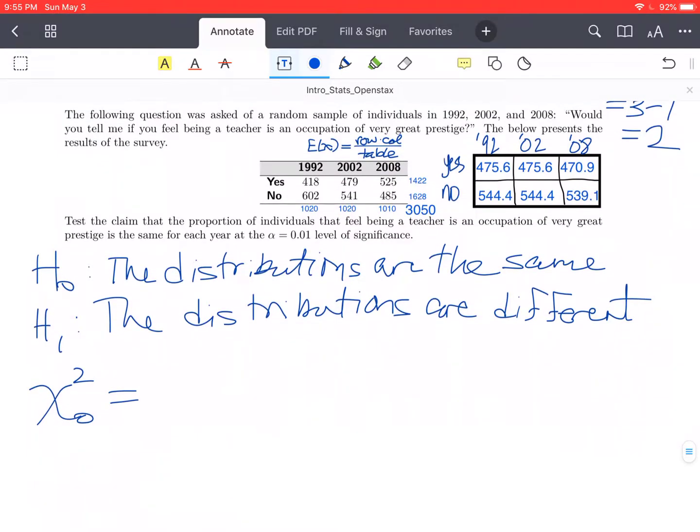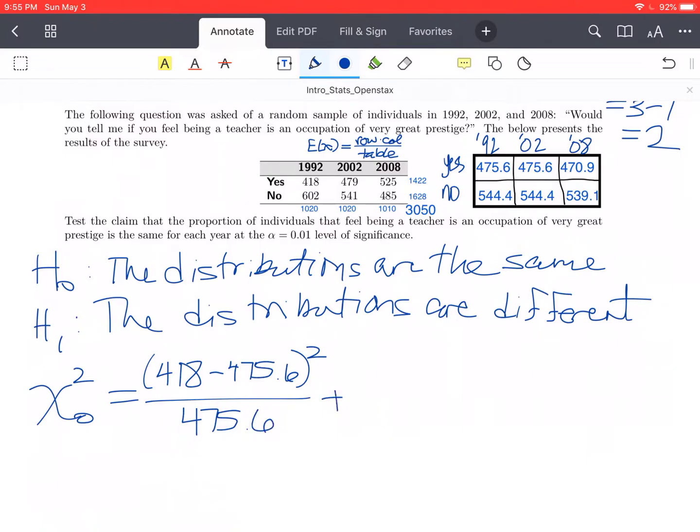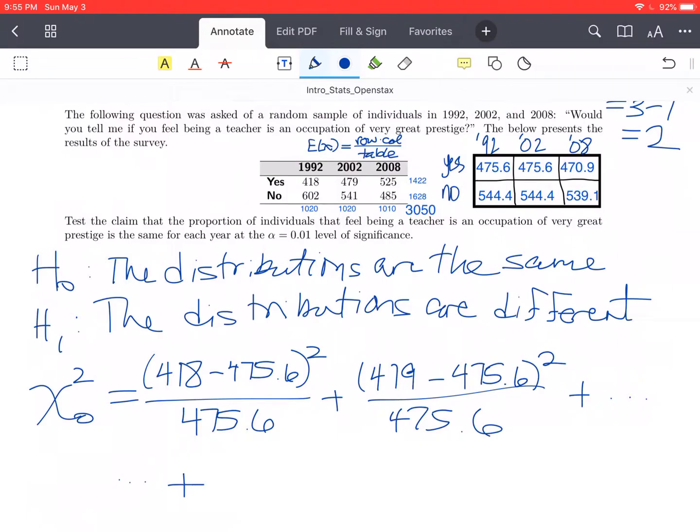So now we've run our computation for our test statistic. So it's observed, so 418 minus expected 475.6, squared over expected, 475.6, plus observed minus expected, so 479 minus 475.6 squared over 475.6, all the way to the very last one, which is the 485 minus 539.1 squared over 539.1.